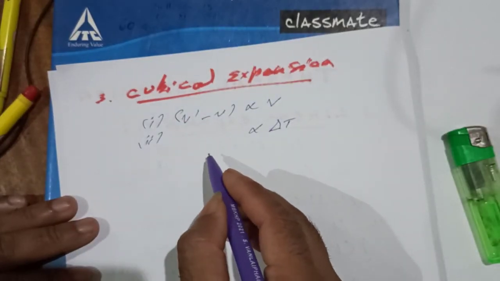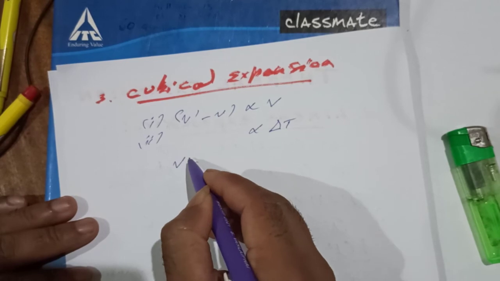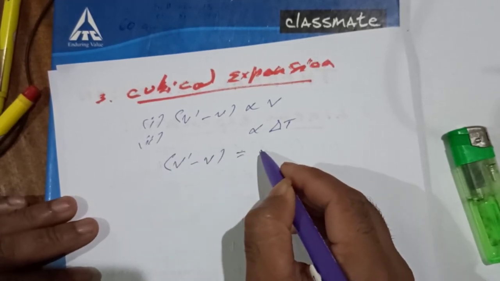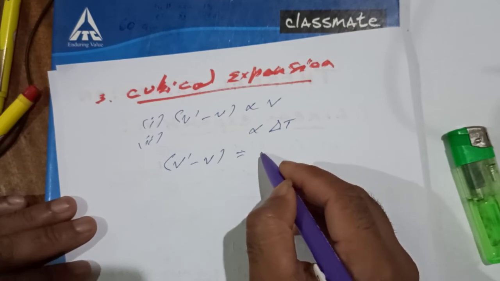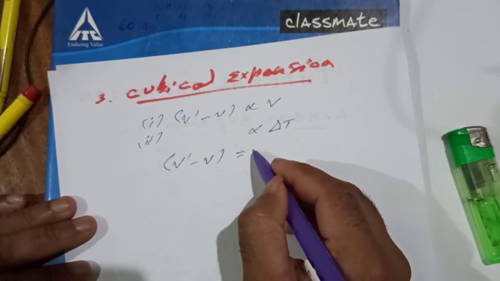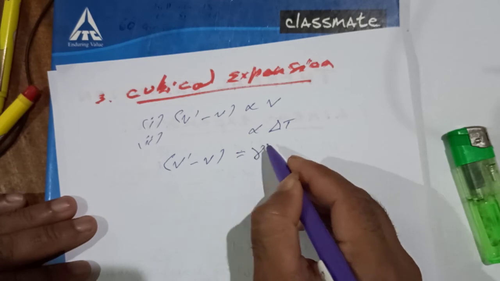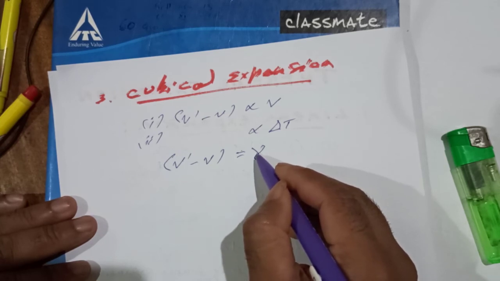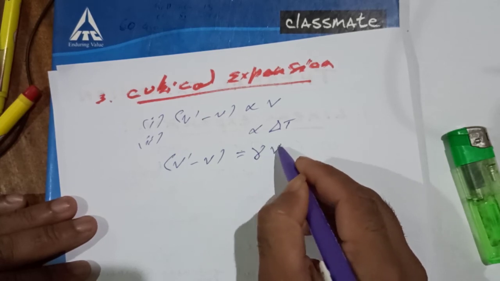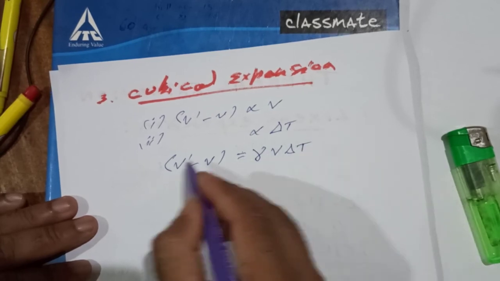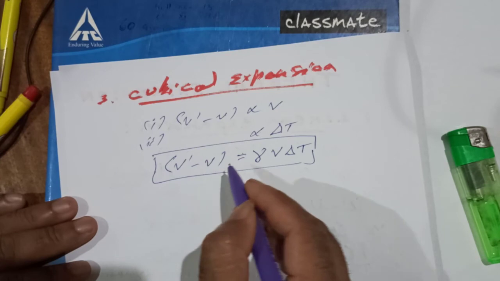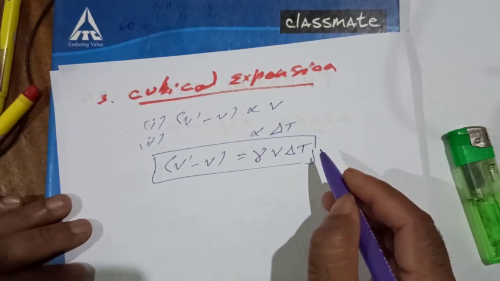If we combine these two, it is equal to some constant value. I shall put directly this constant in cubical expansion as gamma. So instead of using alpha, beta, here for cubical expansion we use gamma: delta V equals gamma V delta T. This is the expression of the increase in volume by applying heat to a body.